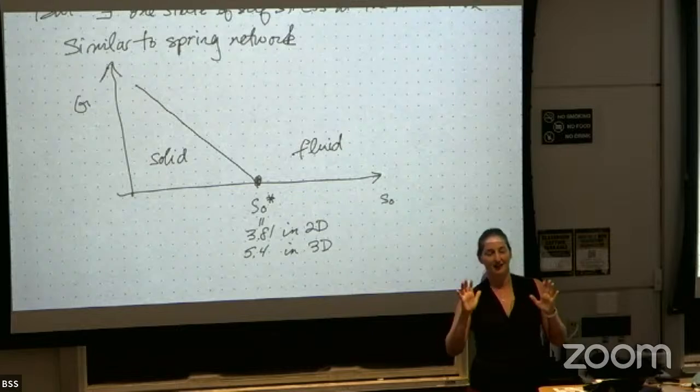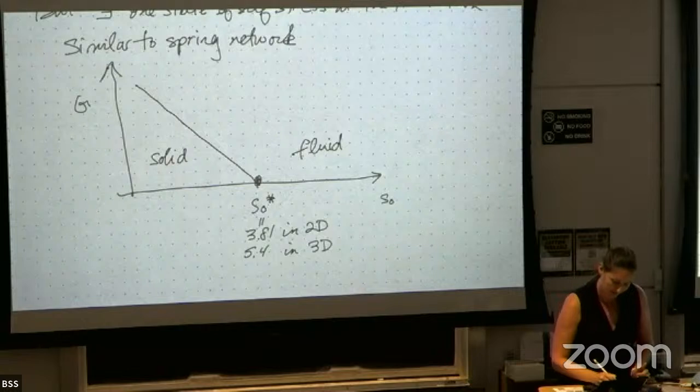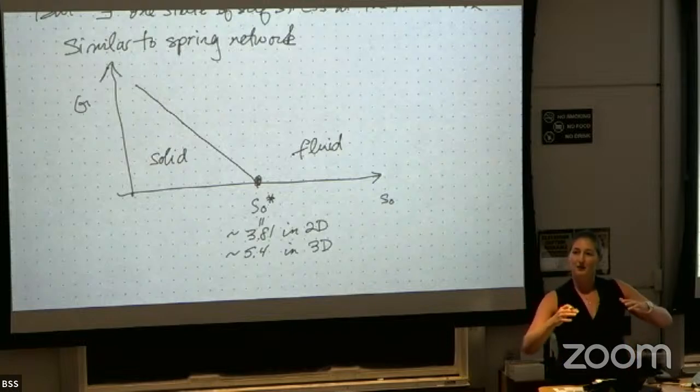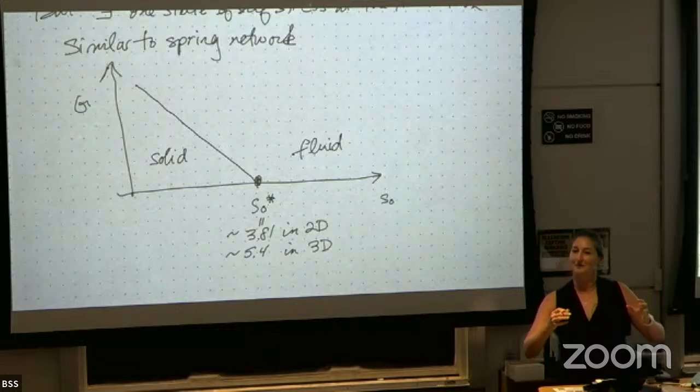I'm happy to go through a lot more details, but for now I'll just put a little squiggle here that says there are a few subtleties in this. What I said is largely true, but there's a range of transition points and it doesn't disappear in the thermodynamic limit. And that's true of disordered systems generally, including jammed systems.